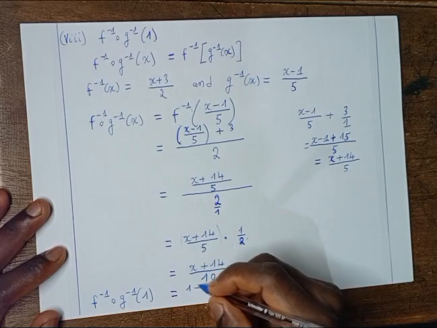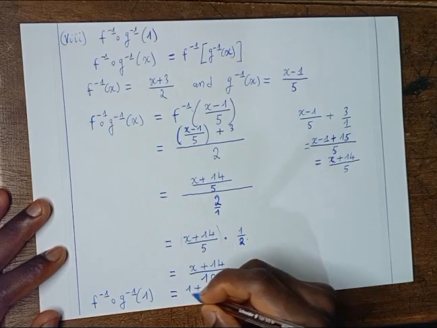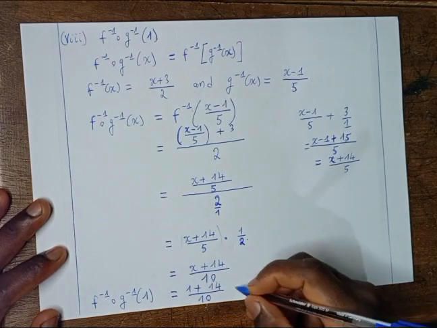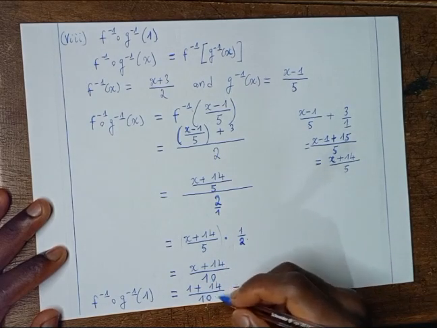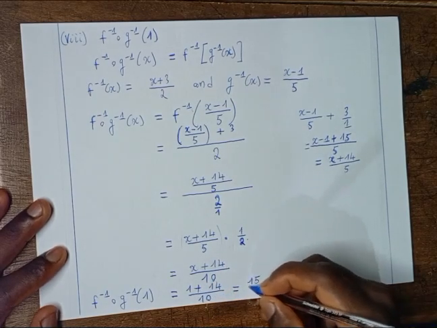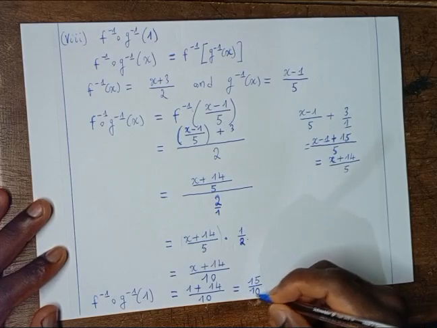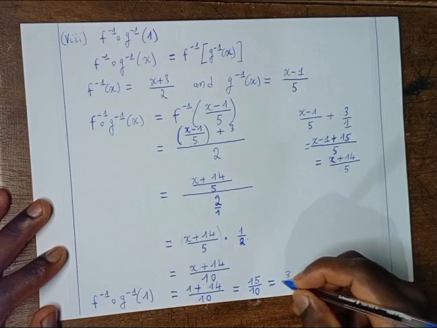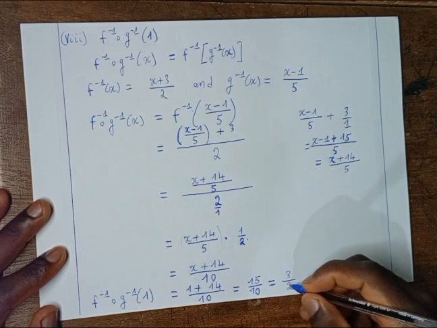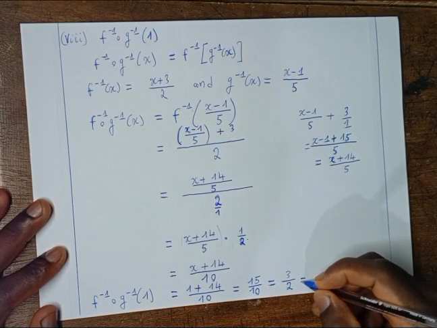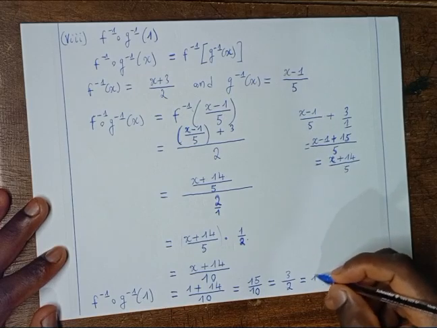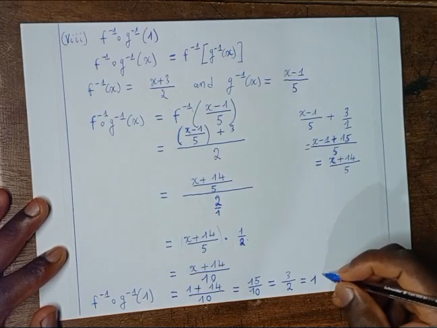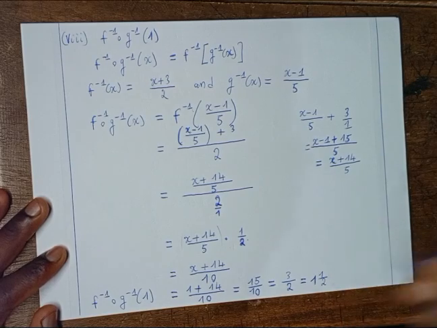This will give us 1 plus 14 all over 10, which is 15 all over 10. We can further simplify this. 5 will go into 15 3 times, and 5 will go into 10 2 times. We can decide to write this as a mixed fraction. This will give us whole number part as 1 and the proper fractional part as a half. So we are done.